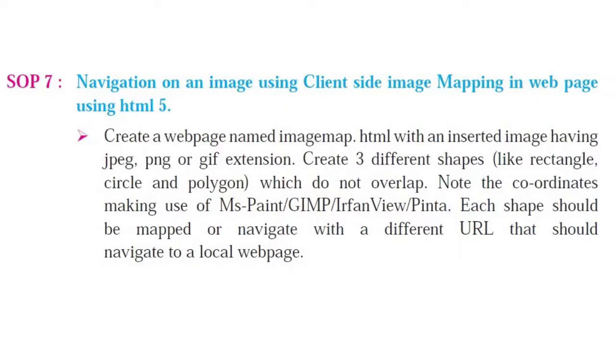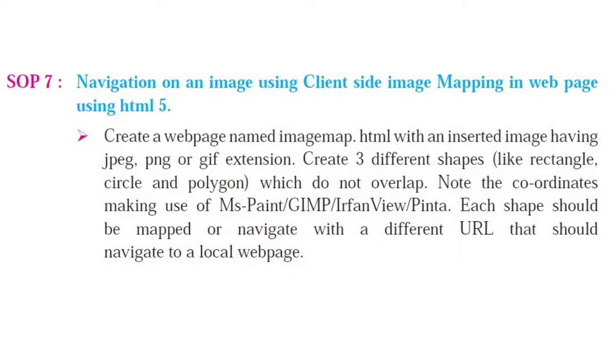So as you can see on the screen, I have placed picture of question given by the board book. SOP 7: navigation on an image using client side image mapping in web page using HTML5. Create a web page named imagemap.html with an inserted image having JPG, PNG or GIF extension.